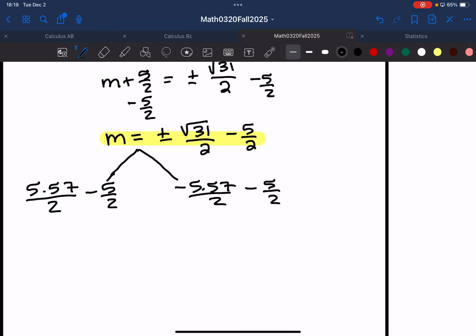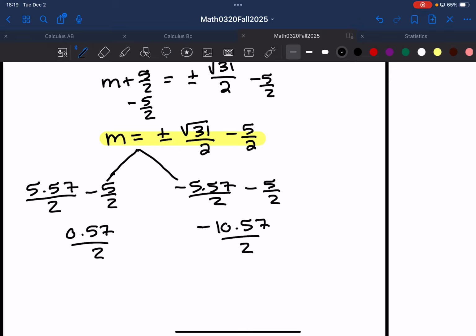Which is going to give us a decimal. So we could even just put it into our calculator, or we can combine it like fractions, and this would be 0.57 over 2, 5.57 minus 5. And then this one would be negative 10.57 over 2.